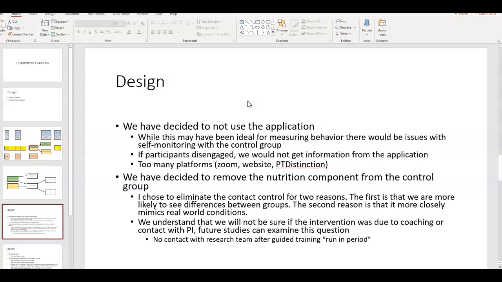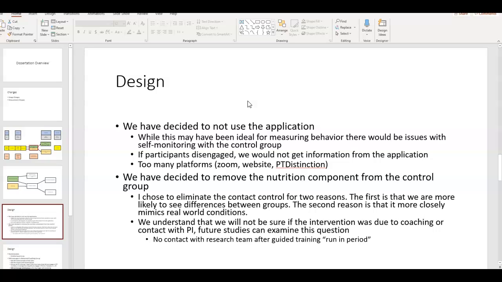We decided to remove the nutrition component from the control group, and I chose to eliminate the contact control for 2 reasons. First, we're more likely to see differences between the groups. This is probably going to be important since my sample size might be on the smaller end. The second reason is that it more closely mimics real world conditions. If someone goes into a facility, they might end up getting 2 sessions with a trainer, and then set out on their own to do what they just learned.